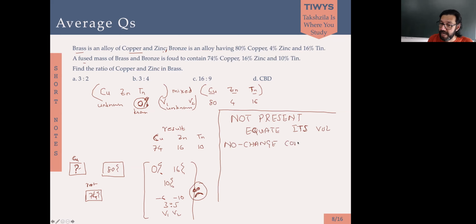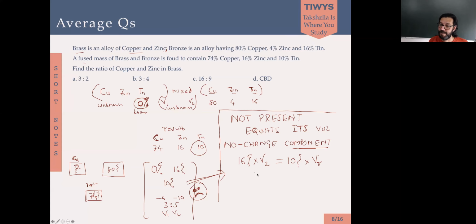When material cost goes up but labor cost remains constant, we say no change component. So what is that no change component? Tin. So instead of this, what I would have recommended is, what is tin in this? 16% of V2 is equal to 10% of resultant. Now use variables interestingly.